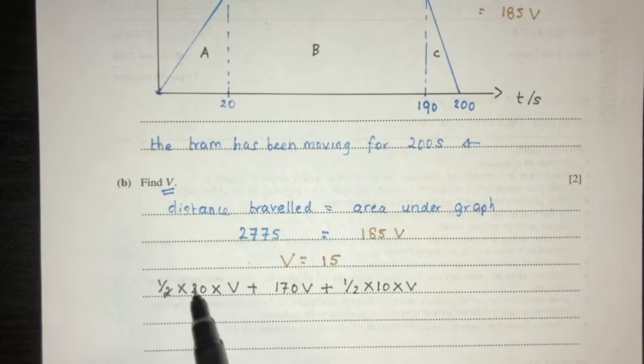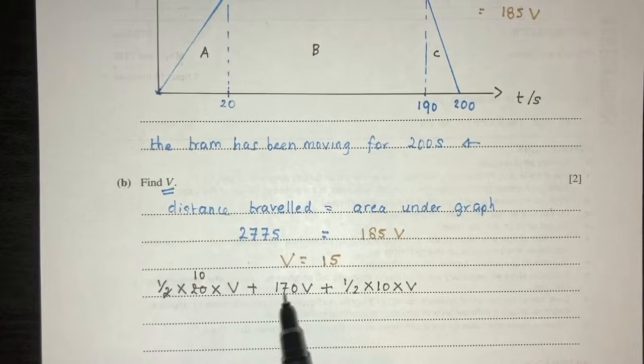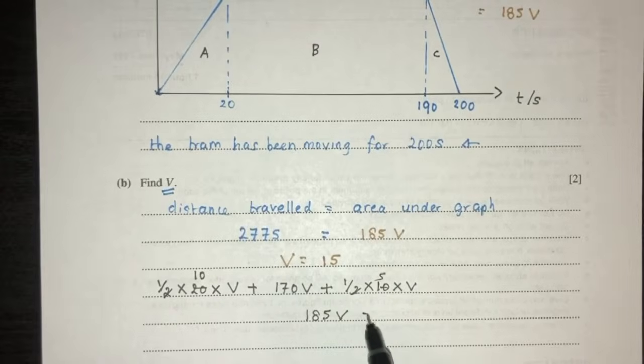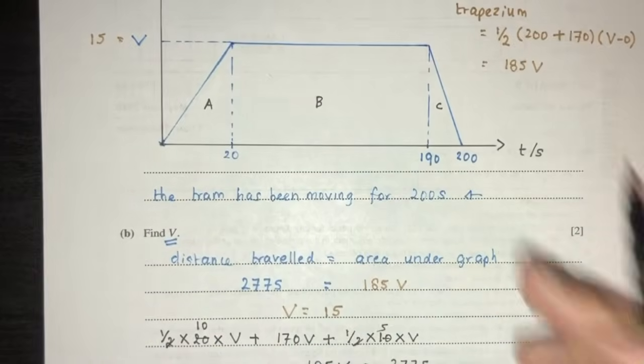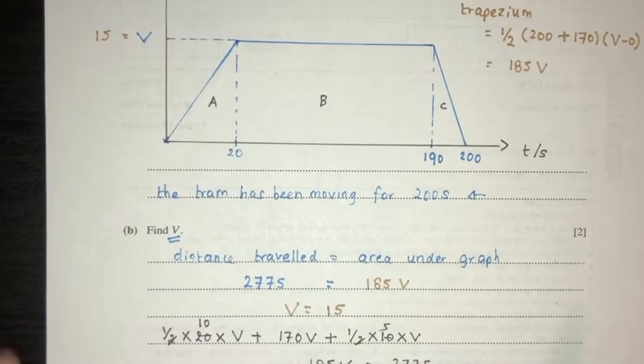Simplified, that will give you 10v plus 170v plus 5v, that will be 185v. So same thing, but two different ways, you will get the same value of v equal to 15. So that is just in case you forget your formula. You can always look at it piece by piece to find the area under the graph.